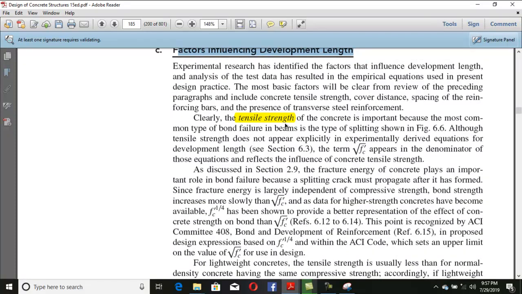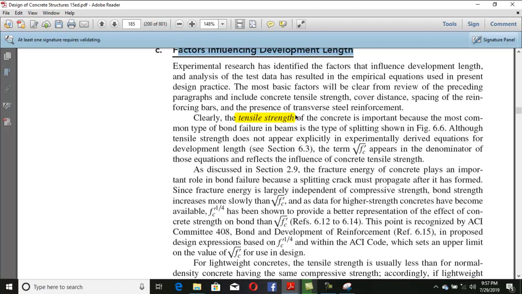Although in the calculation of the development length for steel, you don't see the tensile strength of concrete directly, we relate that strength with the compressive strength, root of f'c.